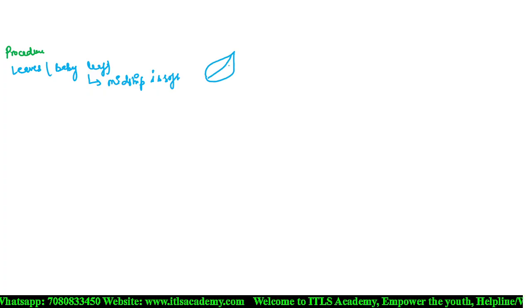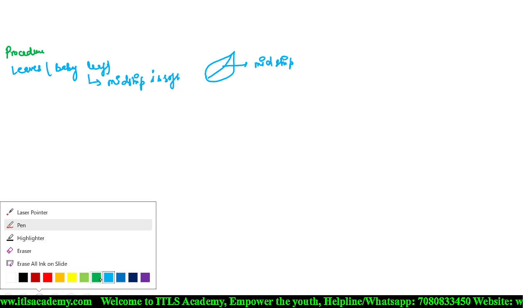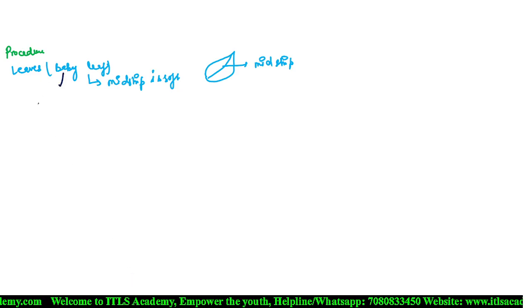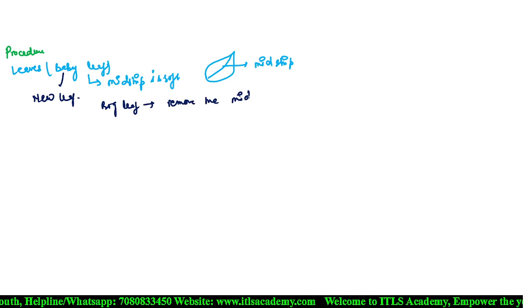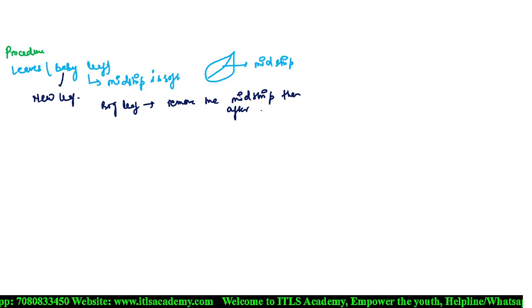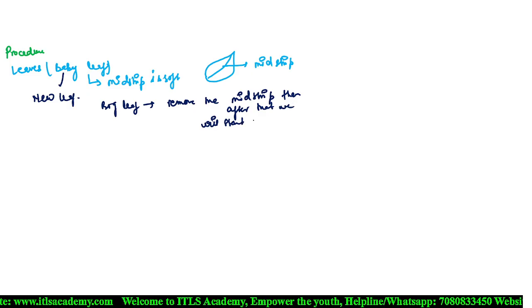So this line is known as the midrib. If we choose these baby leaves, then their midrib is soft. And baby leaf is the new leaf. If we choose a big leaf, then we have to remove the midrib. Then after that, we will start the procedure. Clear my point?